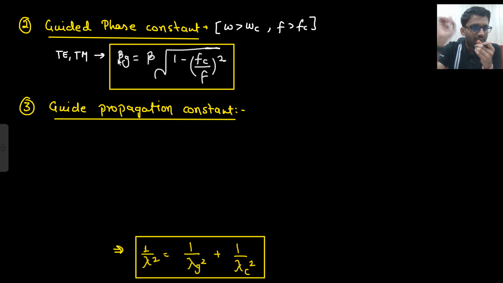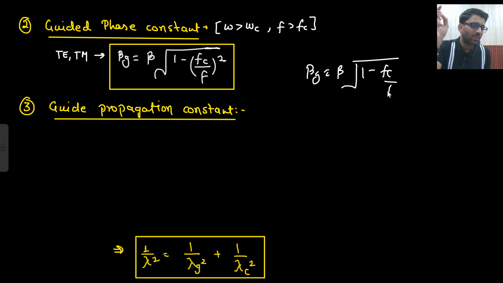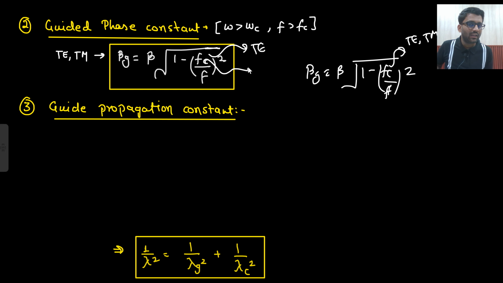In case of rectangular waveguide, beta g was equal to beta under root 1 minus fc by f whole square. The same formula was there. But there fc was the same for TE and TM. Here fc is different for TE and different for TM, so beta g will also be different for TE and different for TM. So in one liner, these kinds of questions can be asked.